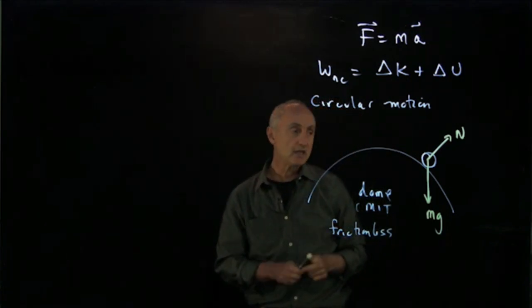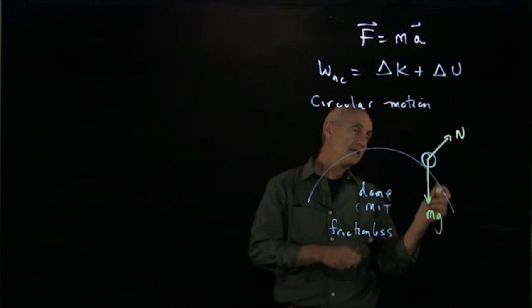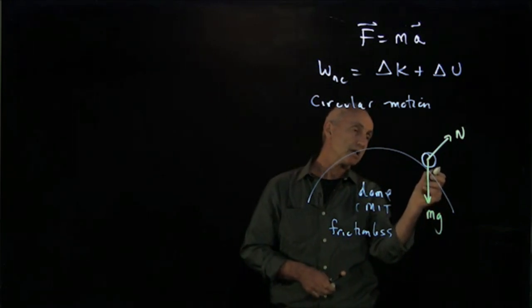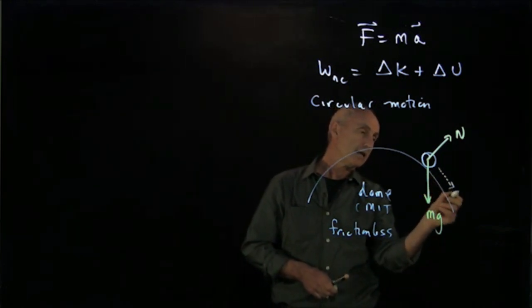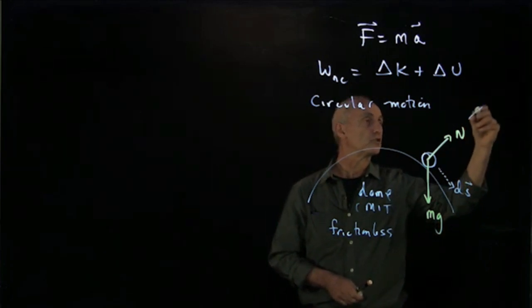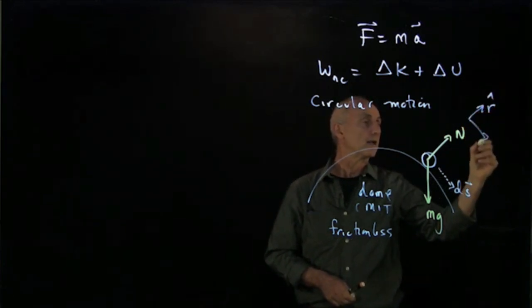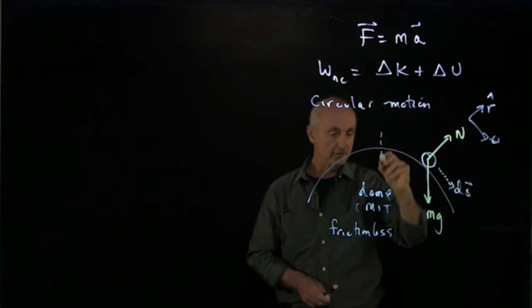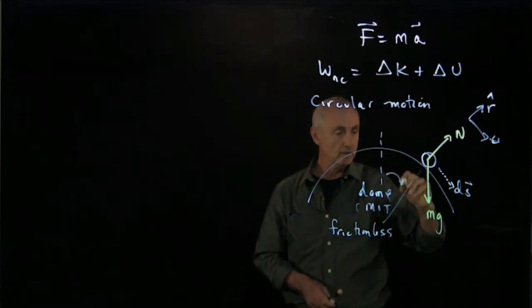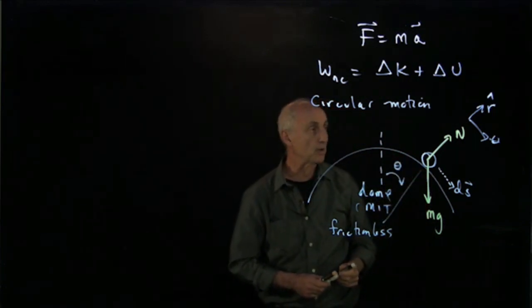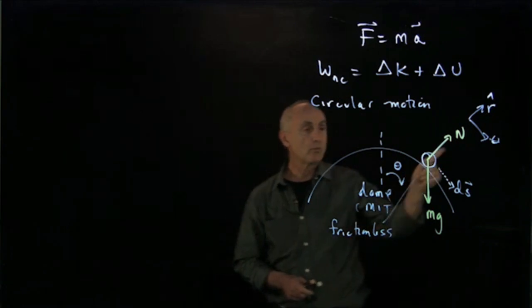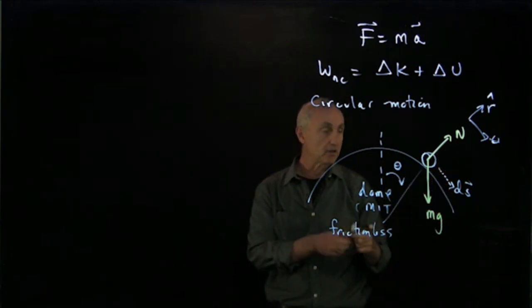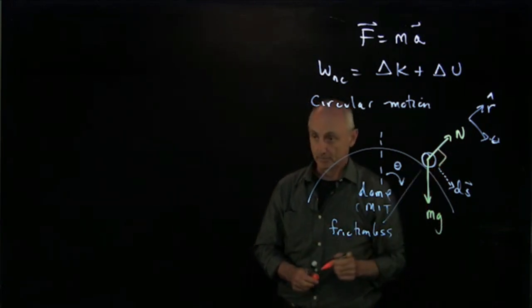So what you see here is that the object is displacing in a direction. Now, if I choose r hat and theta hat, and if I choose a coordinate system where I take my positive angle theta this way, the normal force and the displacement are perpendicular.